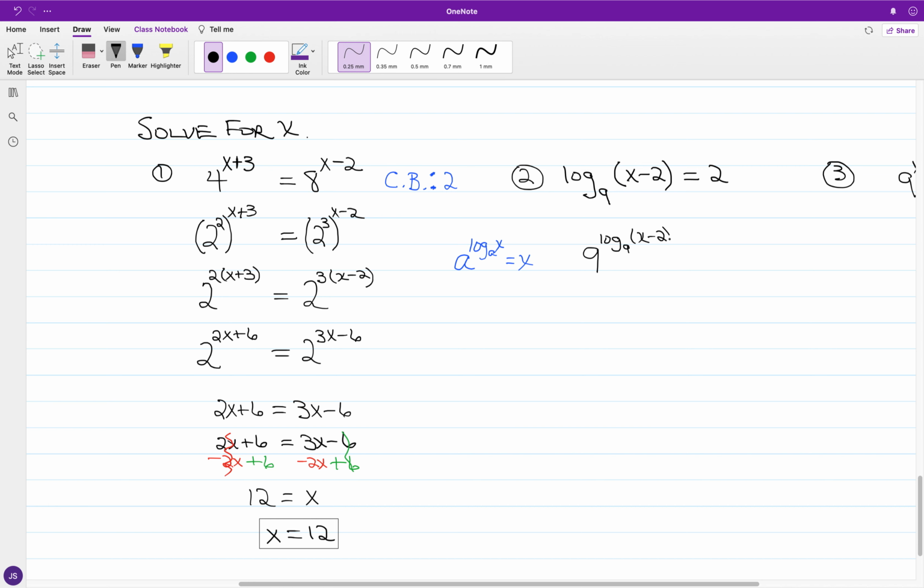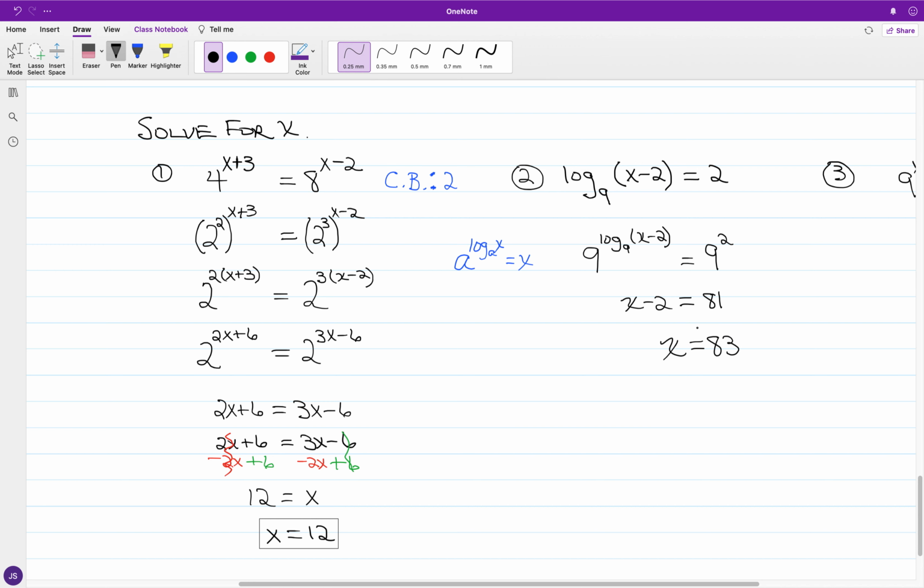So I have 9 to the base 9 log of x minus 2 is equal to 9 raised to the second. So on the left hand side we have x minus 2, and x minus 2 is equal to 9 squared, which will be 81. And if x minus 2 is 81, then x is equal to 83.